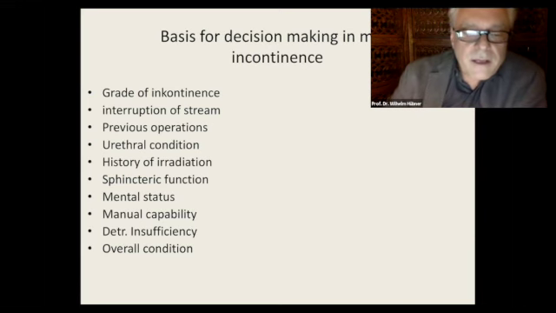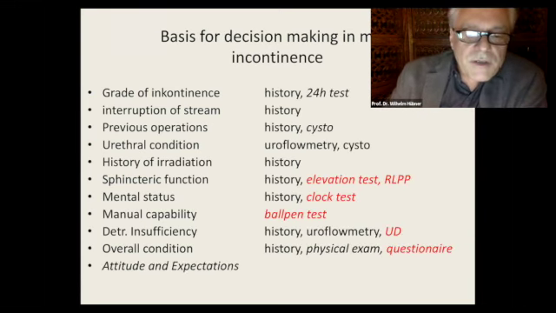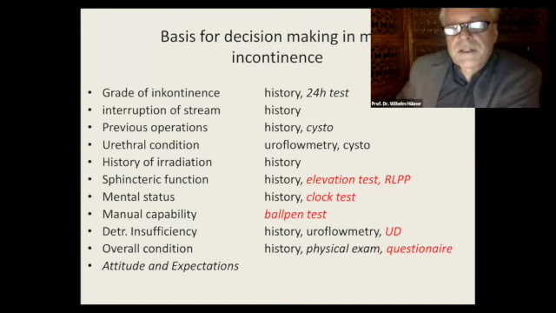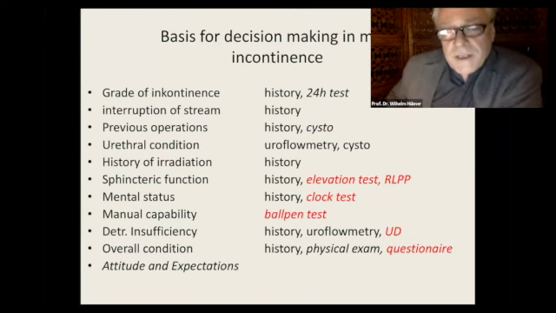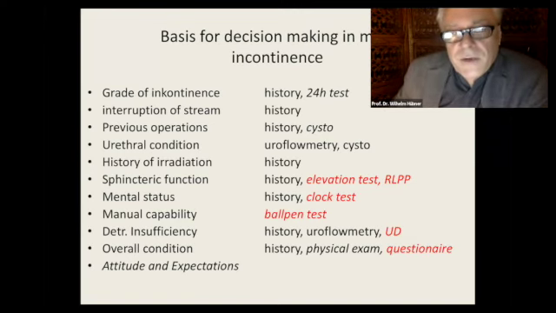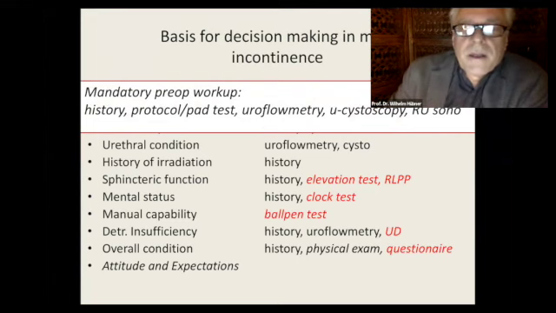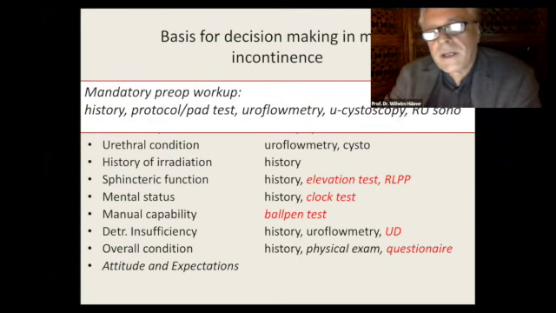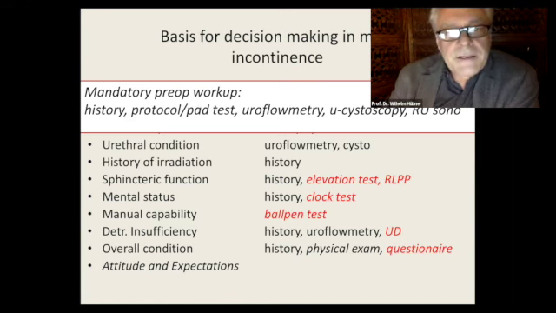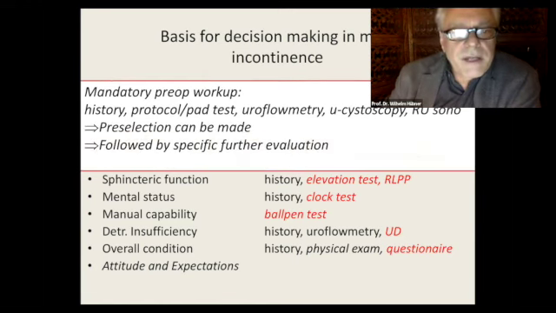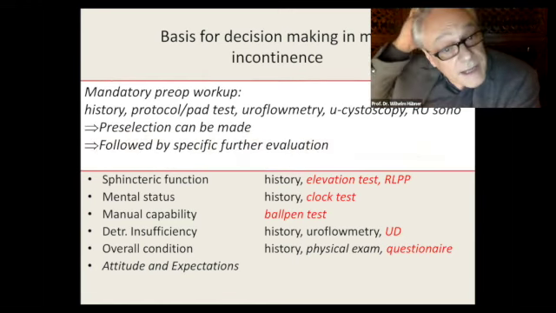And as Emmanuel already mentioned, you need to know something about his attitude and his expectations, what he wants to do once he's dry. Most of these informations you can get with a history, the 24-hour test, definitely with a cystoscopy, a uroflowmetry, and you will take some residual urine, I guess. And with these informations, you can make a pre-selection already.